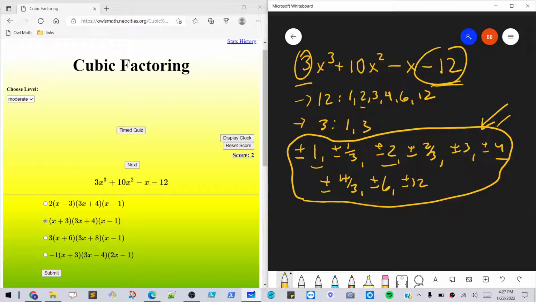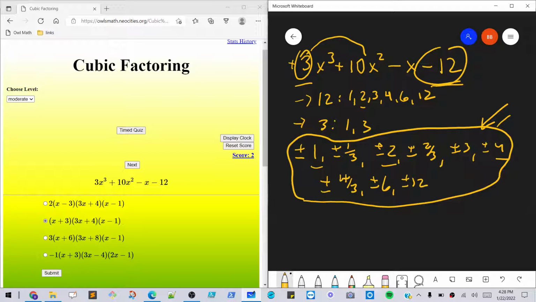So one thing I do sometimes, you can use Descartes' rule of signs real quick. You check the sign changes to get a sense of the positives and negatives. I'm not going into extreme detail.